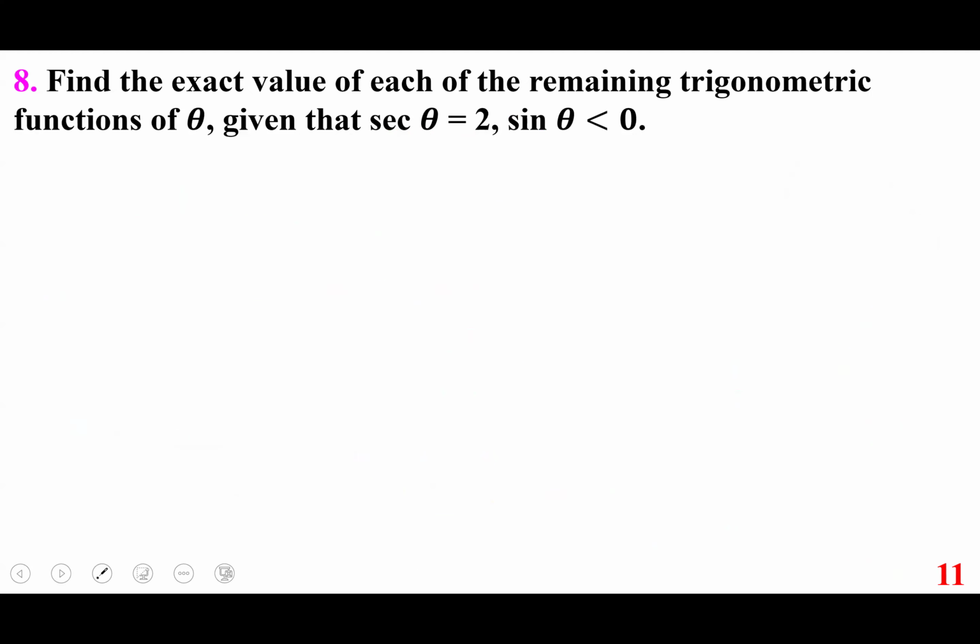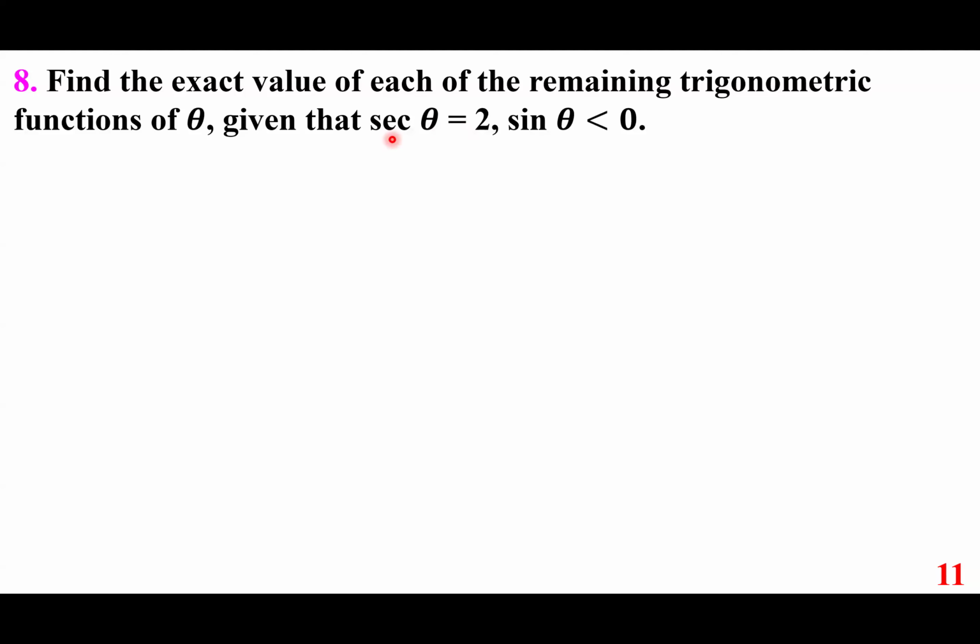Find the exact value of each of the remaining trigonometric functions where secant is given as 2 and sine is negative. Well, secant is 1 over cosine theta, which means you know cosine theta to be 1/2.